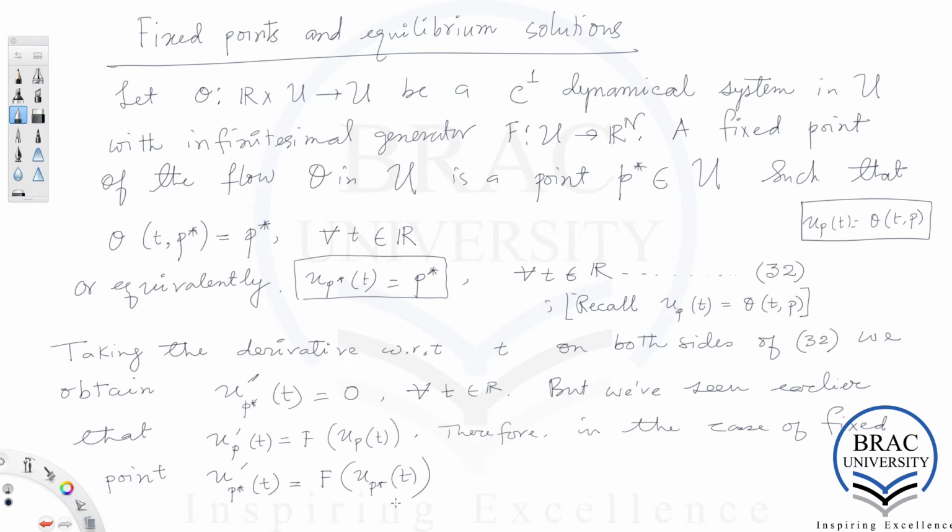Okay, so if this is the case, then it follows from this and this that F of UP star T is equal to P star, and the left hand side here is just 0 from here. Okay, so this is equation number 33.